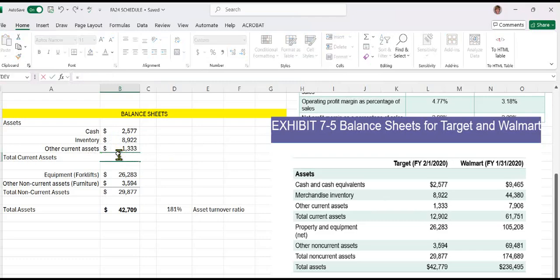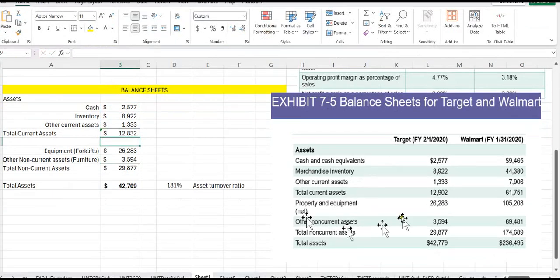I hit equal, sum, add these numbers, parentheses closed, and I get 12,832.